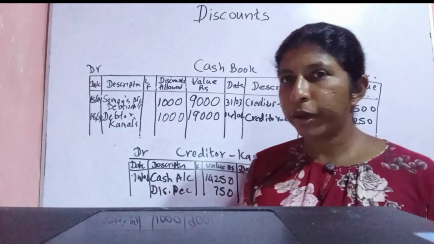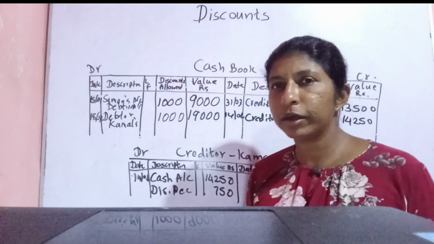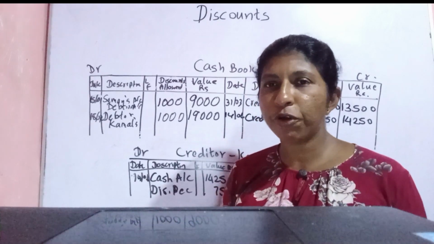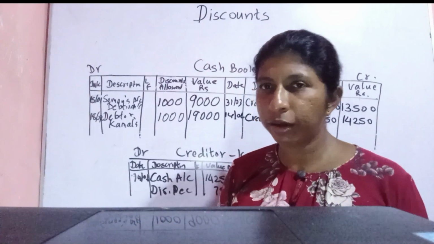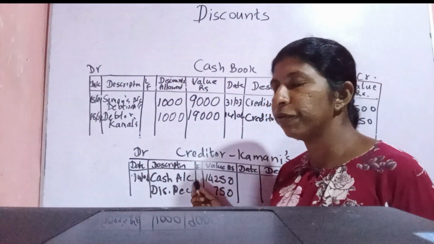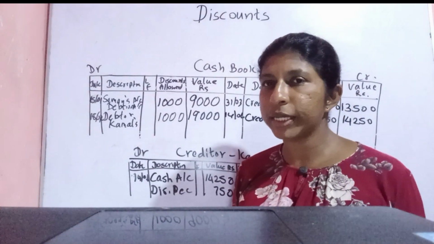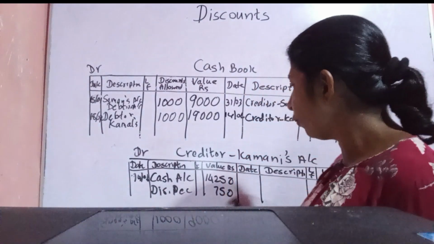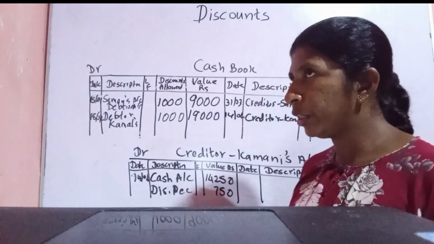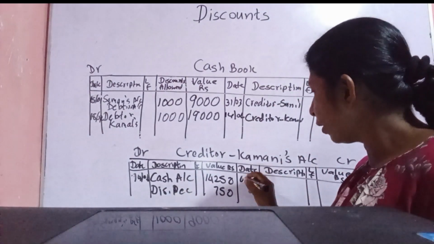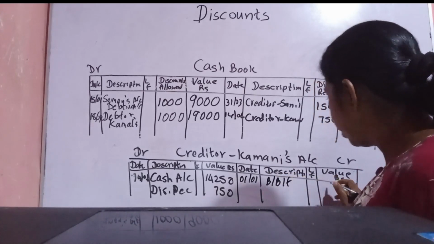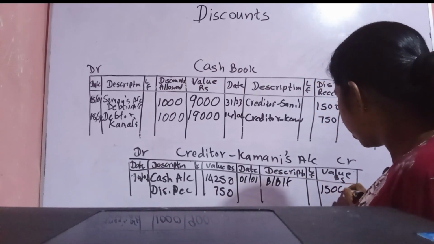In exam questions, sometimes they give opening balances of trade debtors and trade creditors. If so, you have to write the opening balance of creditors and debtors. As an example, if they have given this 15,000 balance of the company's account in the question, you have to write here 1st January balance brought forward 15,000.